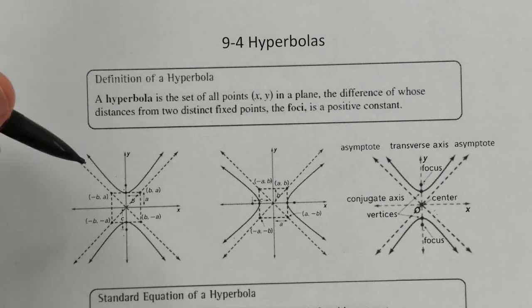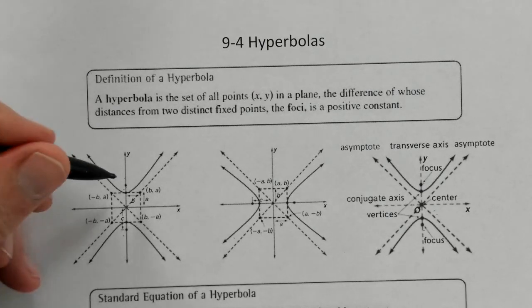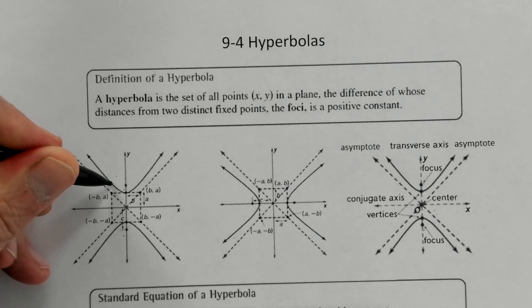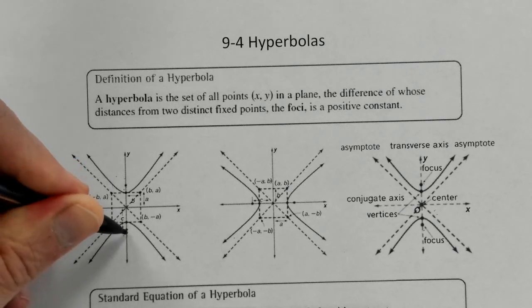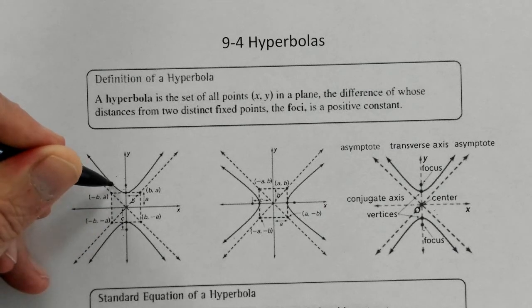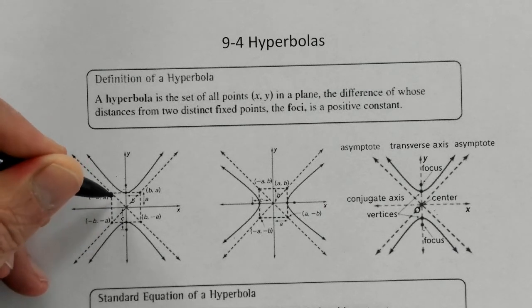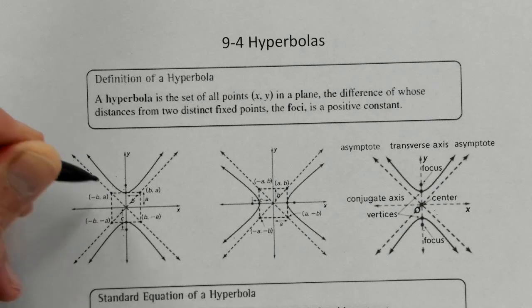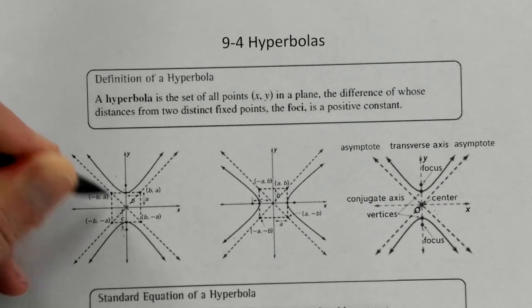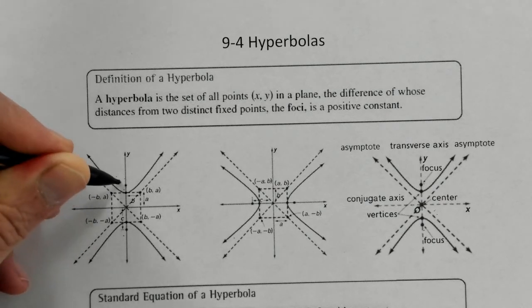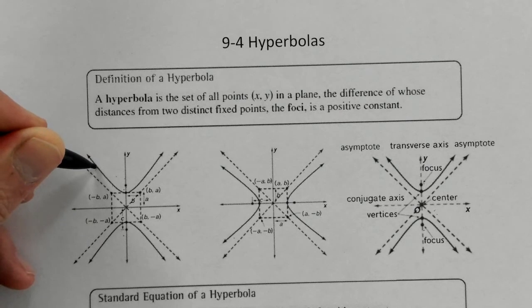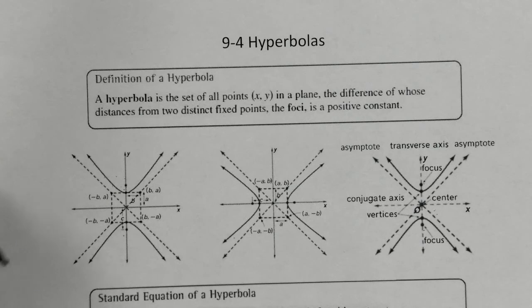So in other words, if this point right here has a distance from this focus and a distance from this focus, the difference of those two would have to be the same. So the further I get away from this one, this one also increases in length, so that the difference is the same positive constant.